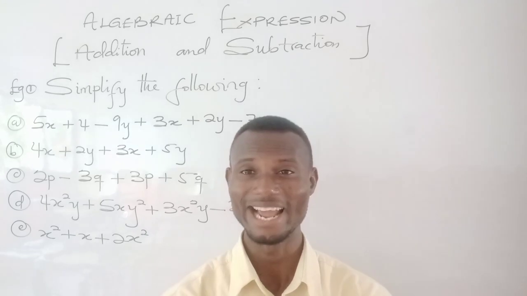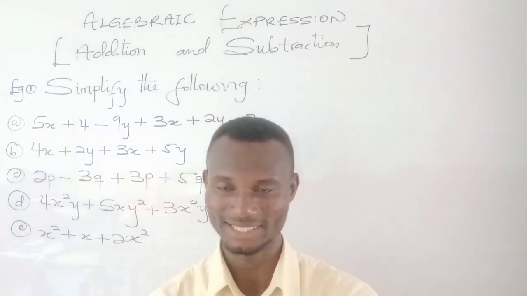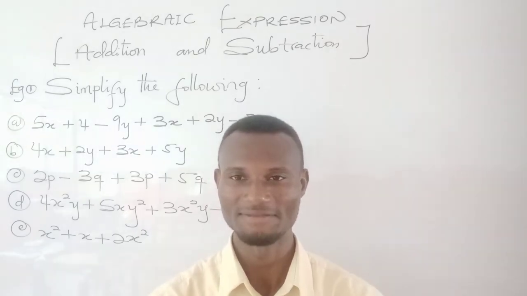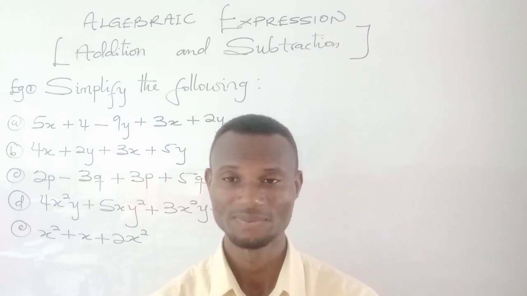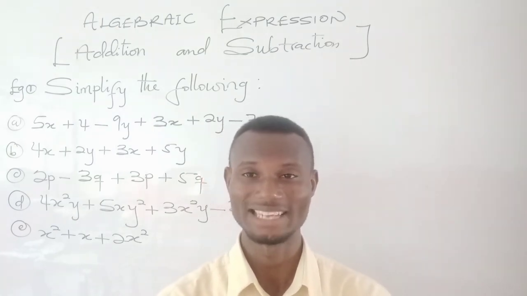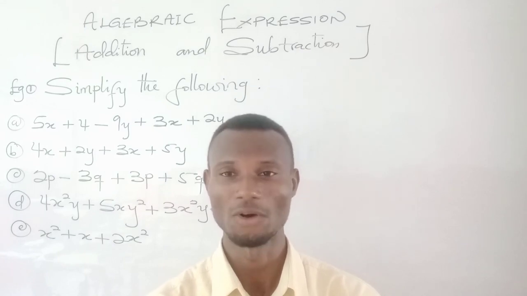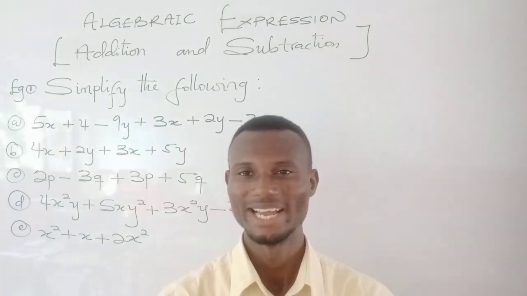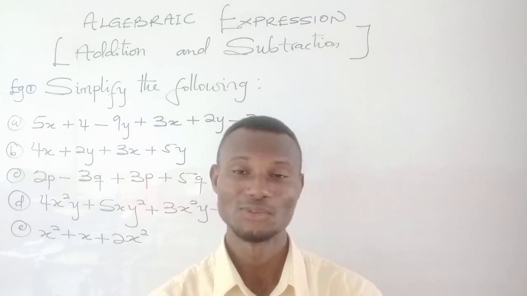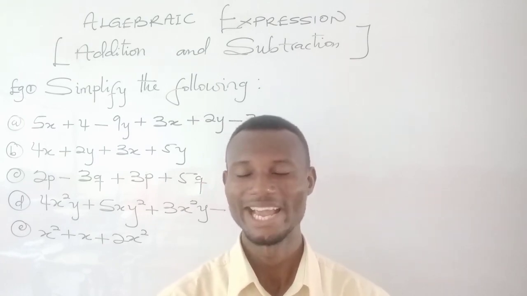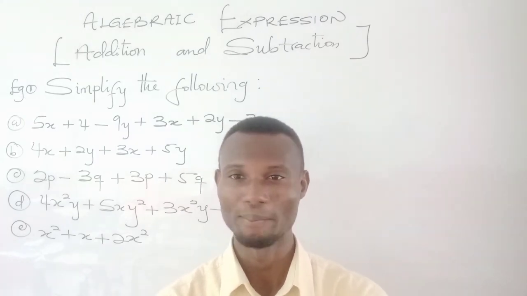But there are rules that govern it. There are rules that govern the addition and subtraction of variables, and there are rules also that govern the multiplication of variables, and also there are rules that govern the division of variables. So we are going to take our time and look at all of them one by one.